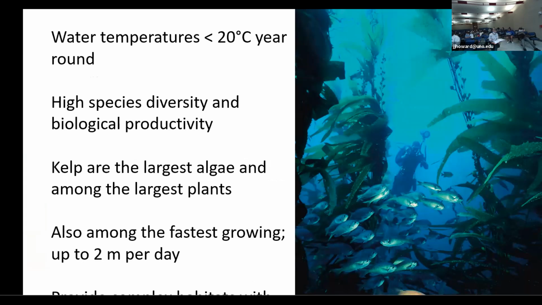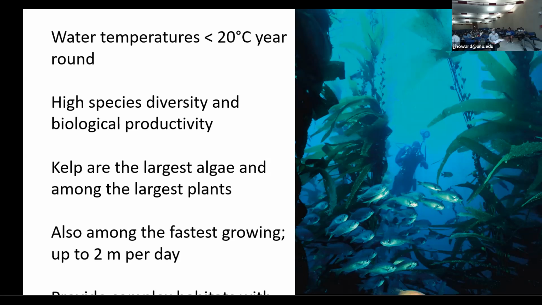It can reach lengths of 200 to 300 meters, single plant, and it can grow 6 meters a day. So this is really productive. It's in very cold water that is relatively nutrient rich. And so it can sustain high levels of biological production.